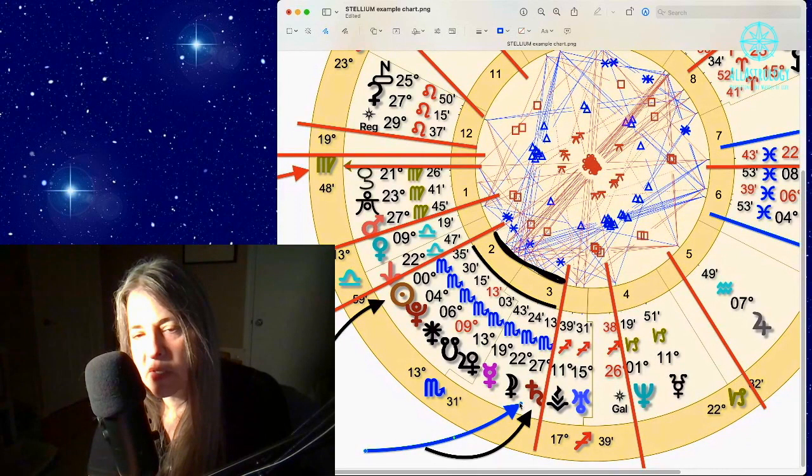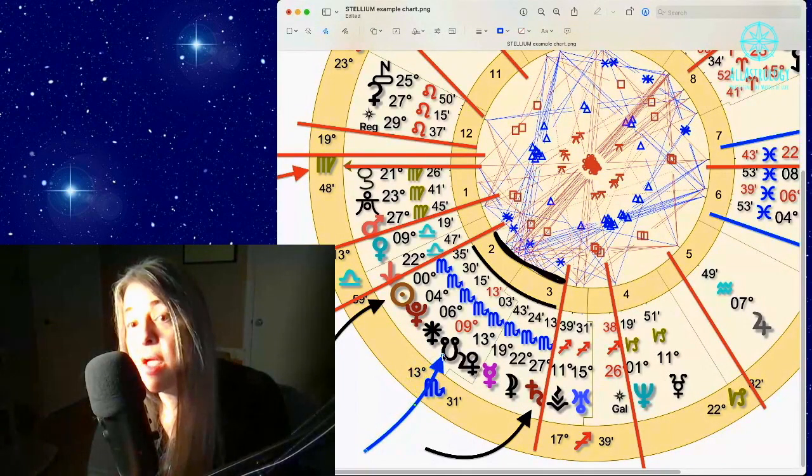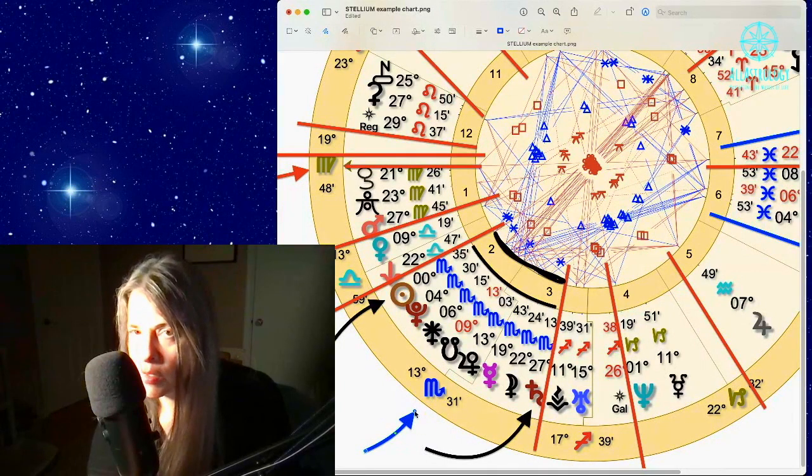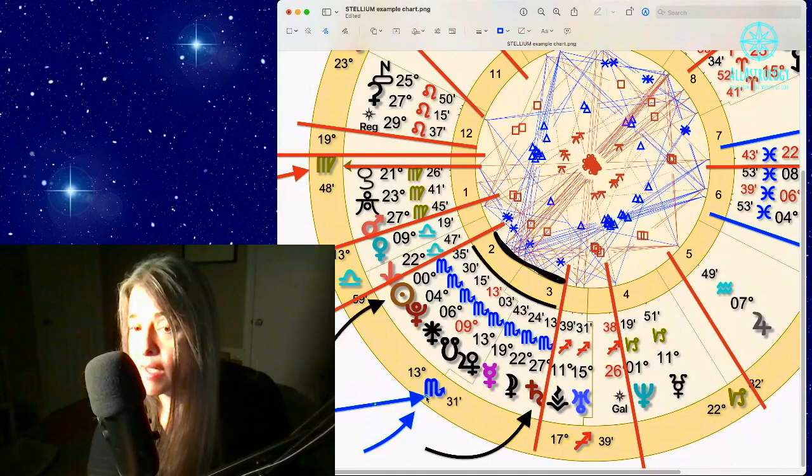The numbers on these suckers: 0, then 4, then 6, then 9. We've got Cupid, which is conjunct this person's third house cusp line, coworker energy, likely masculine because it's in Scorpio.